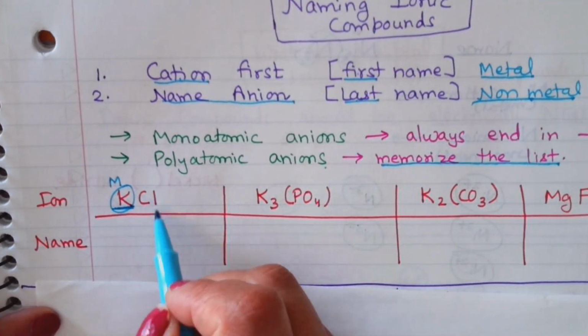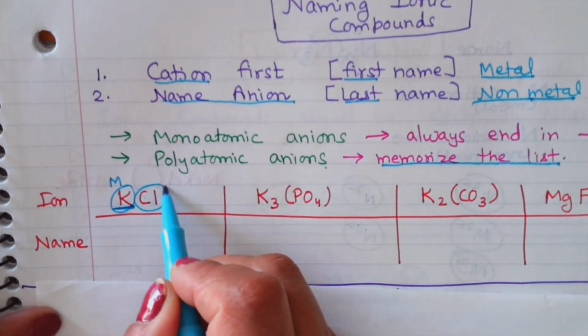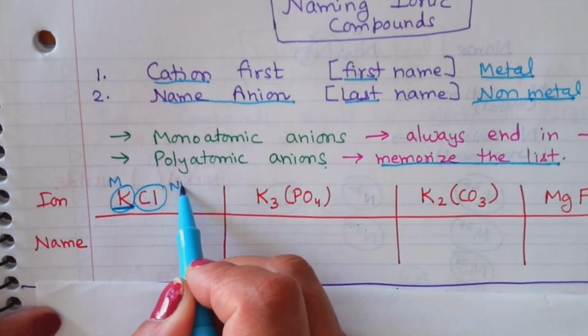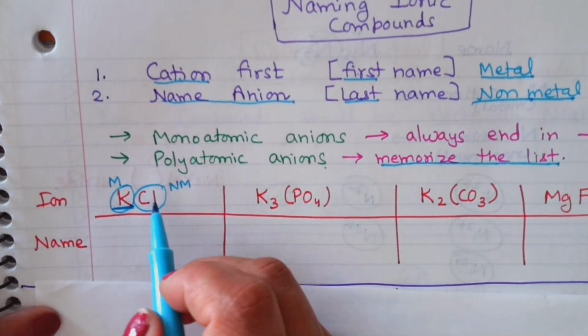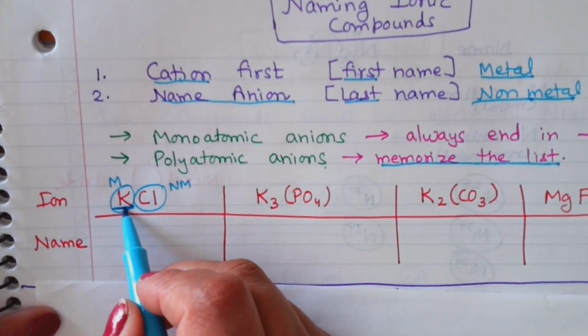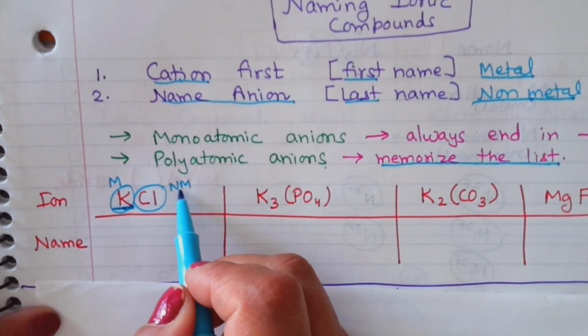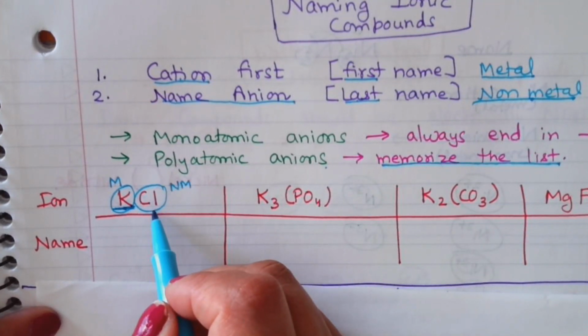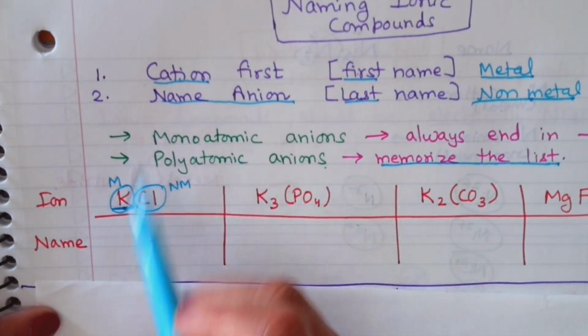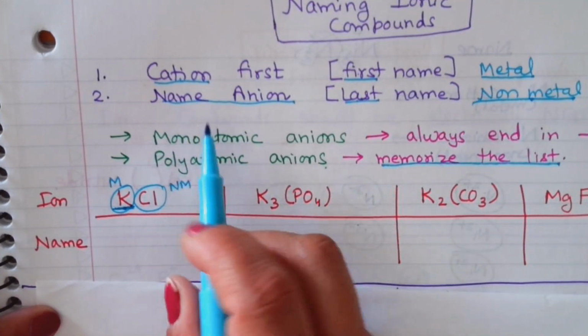K is the metal, and Cl is the non-metal. So the cation will be formed by potassium and the anion would be formed by the non-metal chlorine.